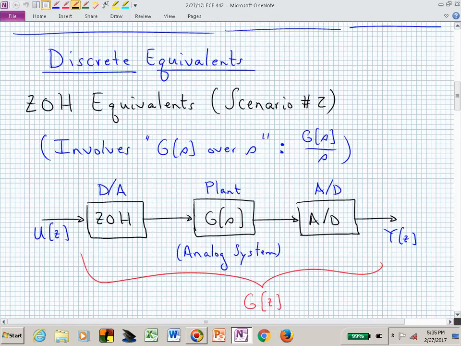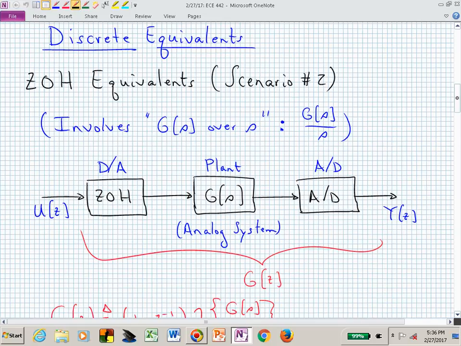Scenario number 2 is the one that we covered first, which was dealing with the case where we were trying to go from G of s to a G of z, but we had the scenario where a zero-order hold was actually preceding our analog plant, and we wanted to incorporate that dynamic behavior of the zero-order hold in the total discrete-time representation, which we've now labeled capital G of z. That was our zero-order hold equivalent, a discrete equivalent using a zero-order hold approach.